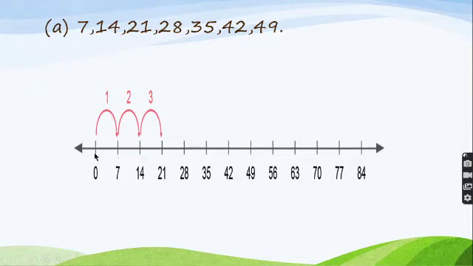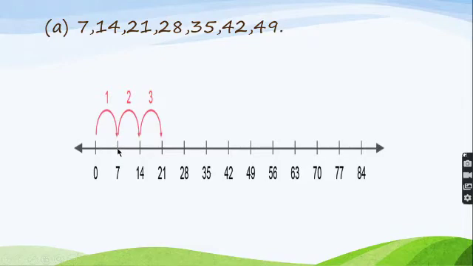When we go from 0, we jump 7 digits ahead, or you can say we land on 7.